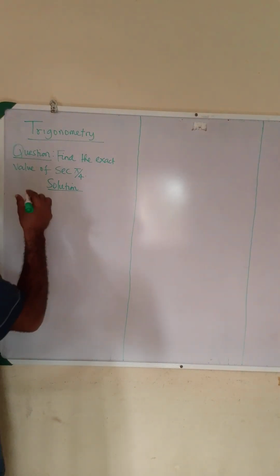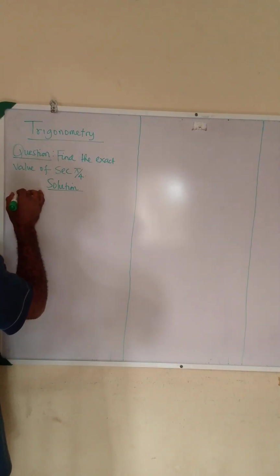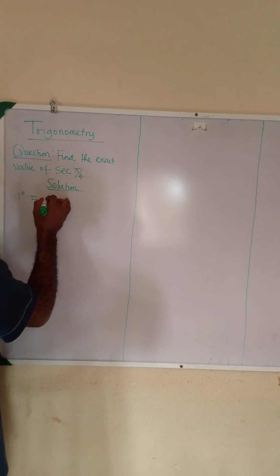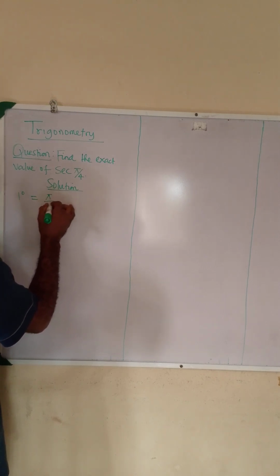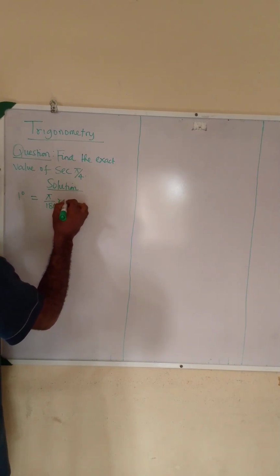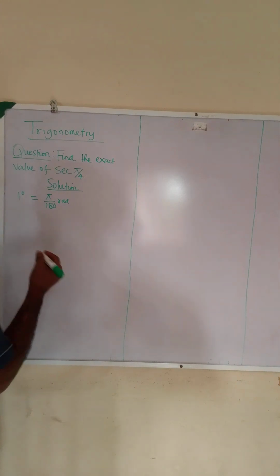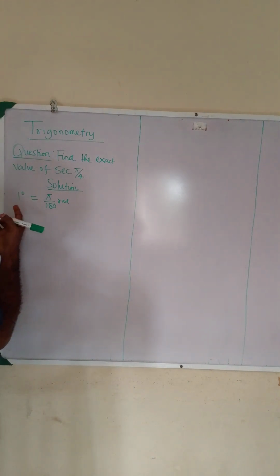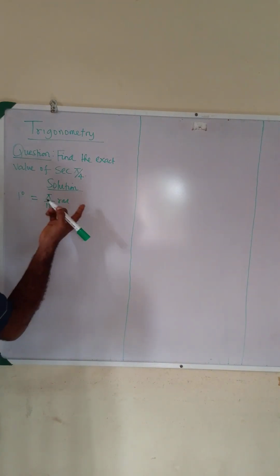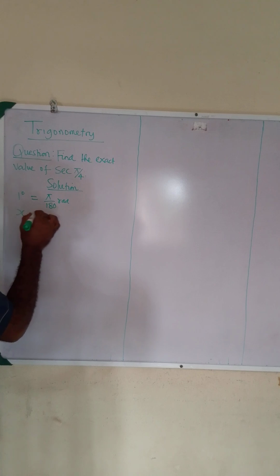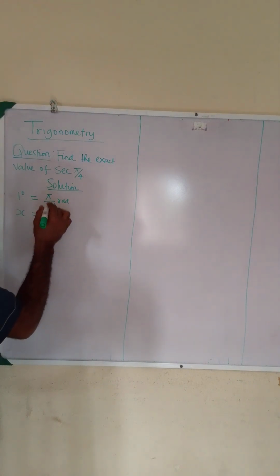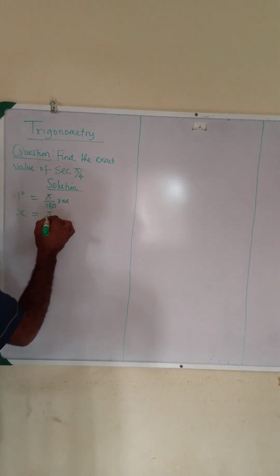Now to do that, we know that 1 degree equals pi over 180 rad, that's radian. And since we are converting from radian to degree, our x is going to be on the left hand side, and then we have the radian to be pi over 4 here.